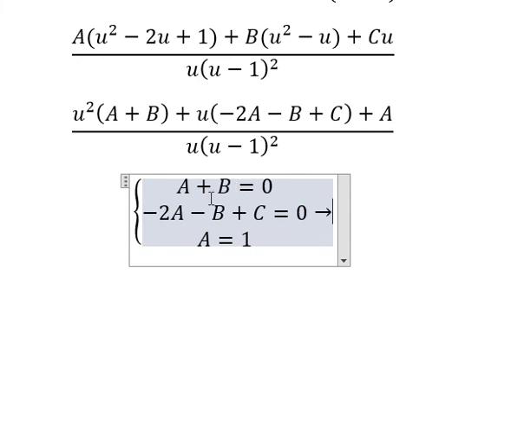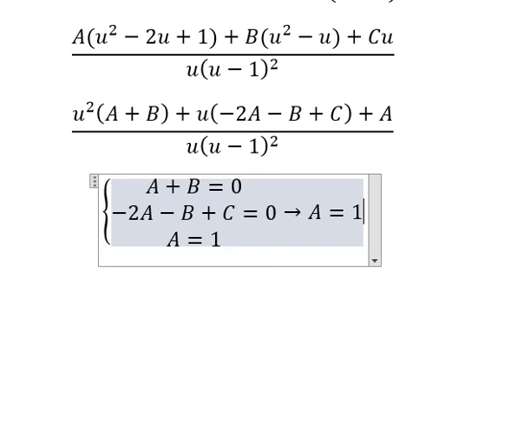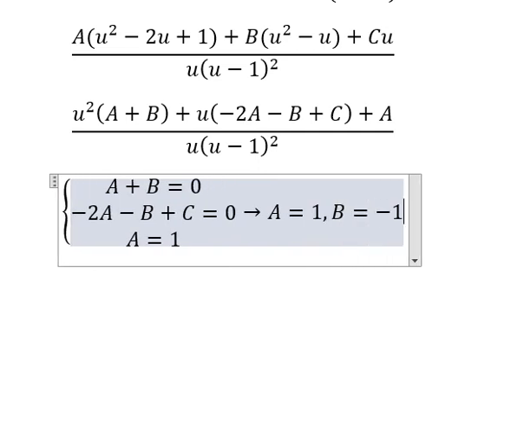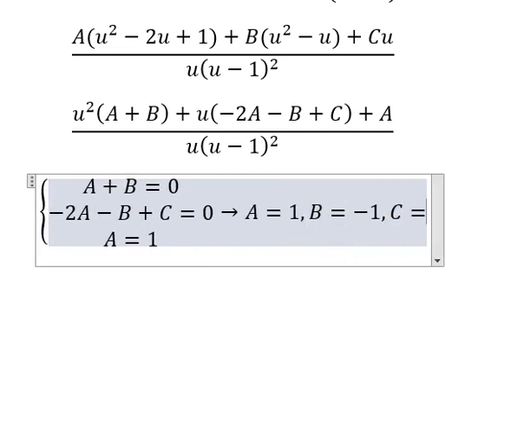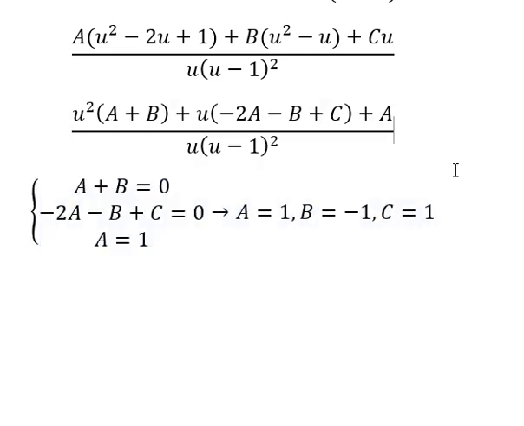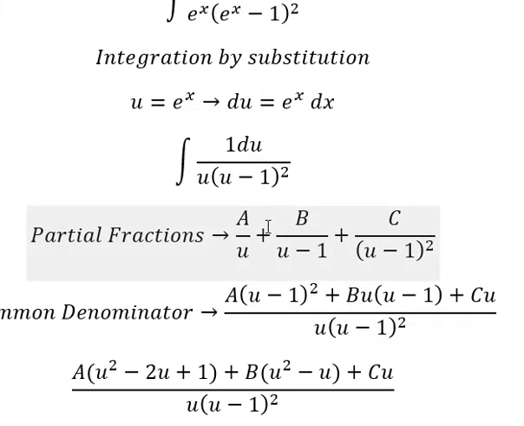Now, we need to find the solutions of A, B, C. So A equals 1, B equals negative 1, C equals 1. And now we put A, B, and C in here.